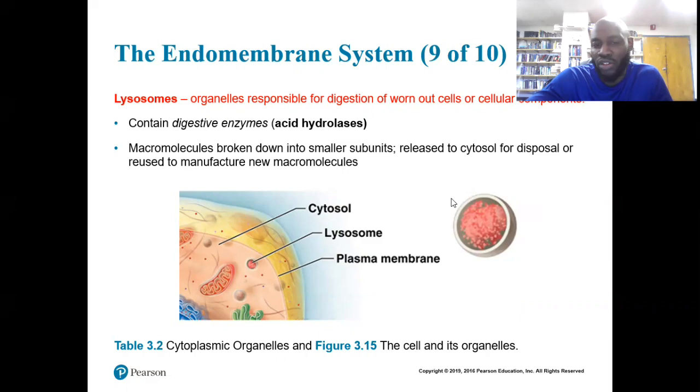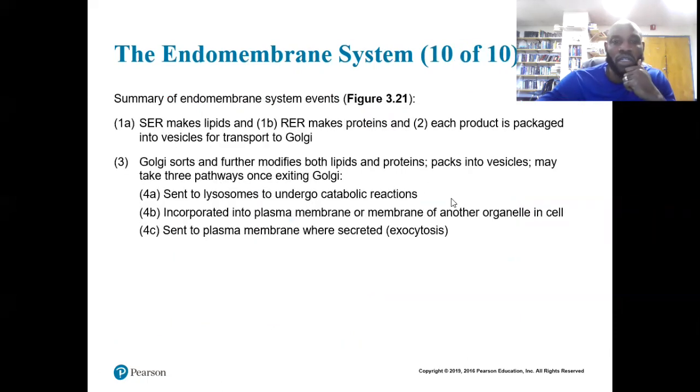Macromolecules are broken down into smaller pieces and released to the cytosol for disposal or reused to manufacture new macromolecules. Okay, so that's where we can have things broken down. And this is just a summary of your endomembrane system, so you can review that on your own.